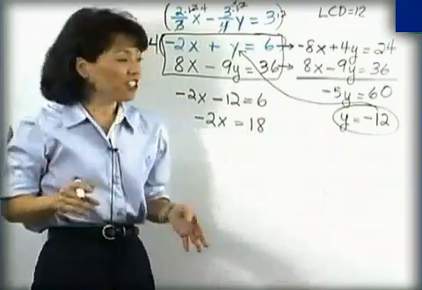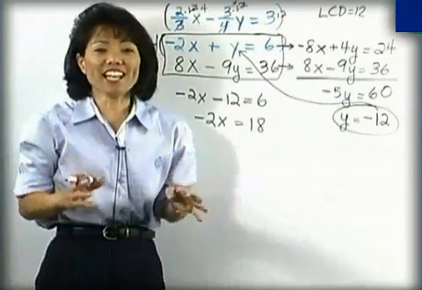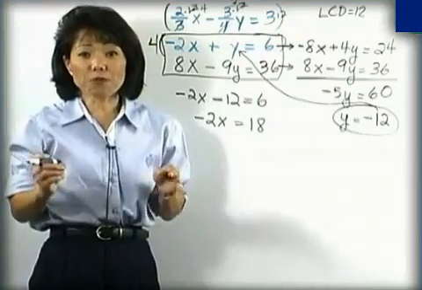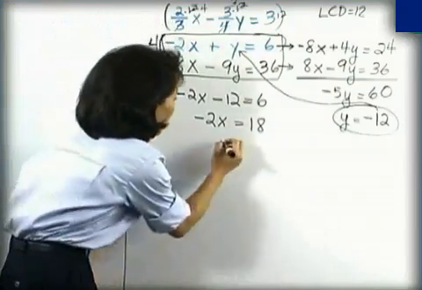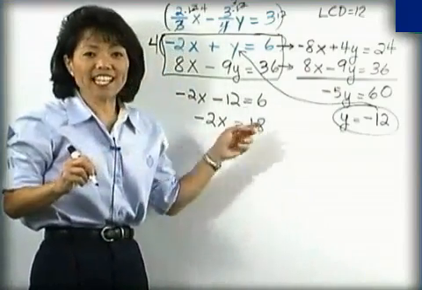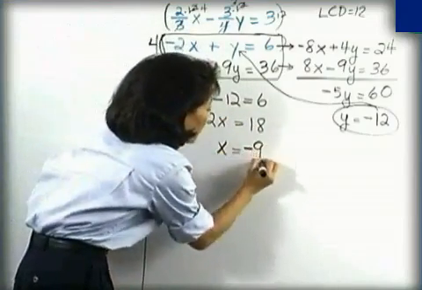Finally, all we have to do is divide both sides by negative 2. Again, be very, very careful with the basics. Please watch your signs. x is equal to positive 18 divided by negative 2 gives me a negative 9.